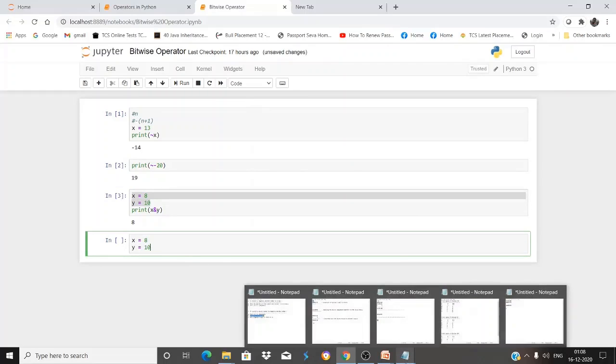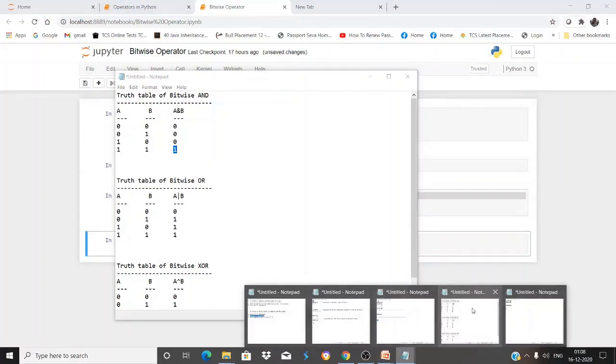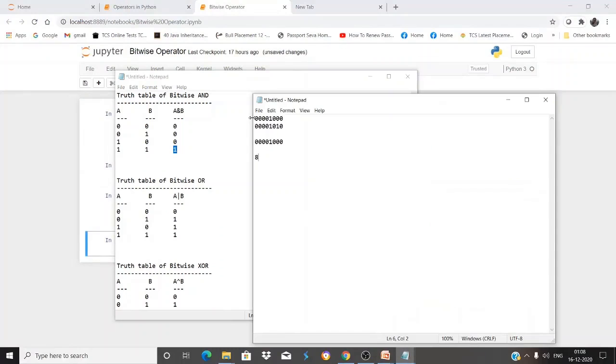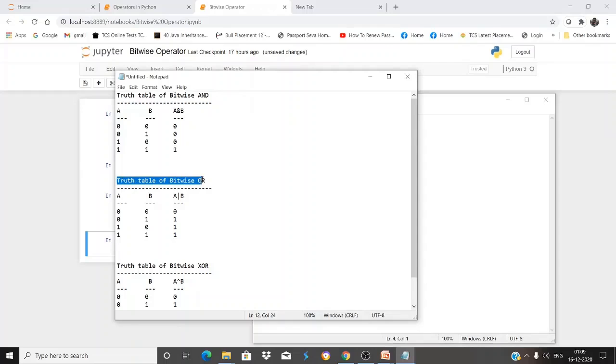So let's again switch back to the notepad. So these were the two input binaries. Now for the bitwise OR operator, the output binary will obviously change. Let's see what the output binary will be. This is the truth table of bitwise OR.